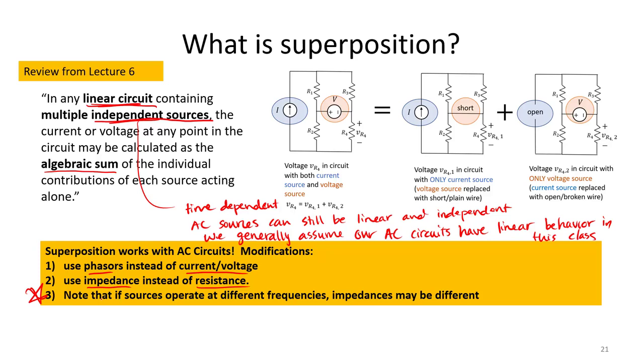If we have multiple sources in our circuit, and if the sources operate at different frequencies, the impedances may be different. So we also have to be careful that if we're doing a superposition question, we make sure we use the correct impedance value at the same frequency of whatever source we're looking at. We'll do an example in just a moment illustrating how this works.